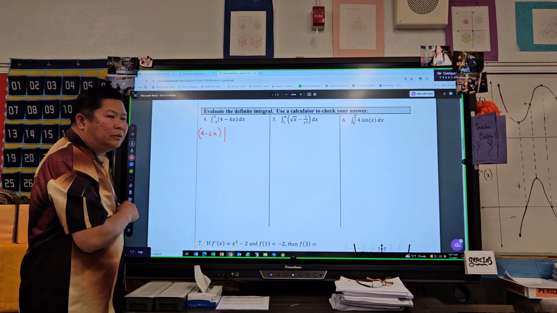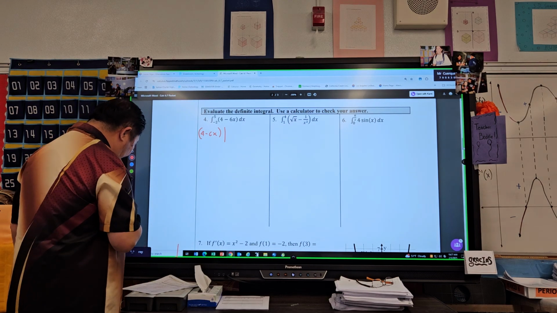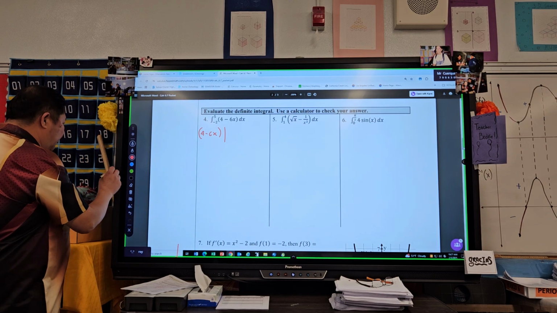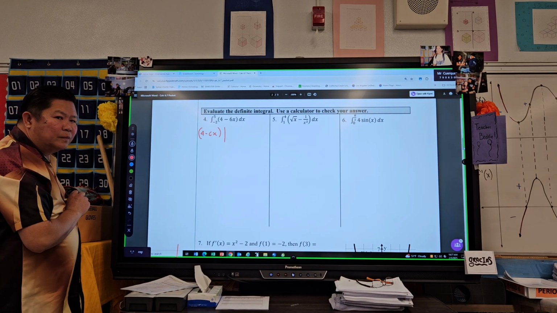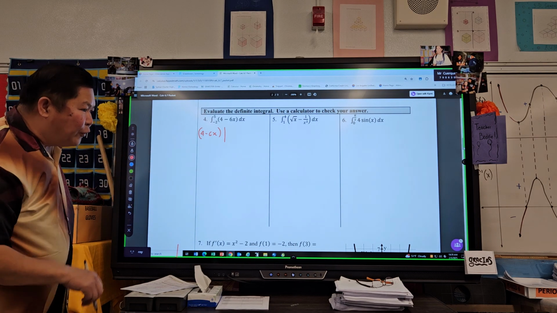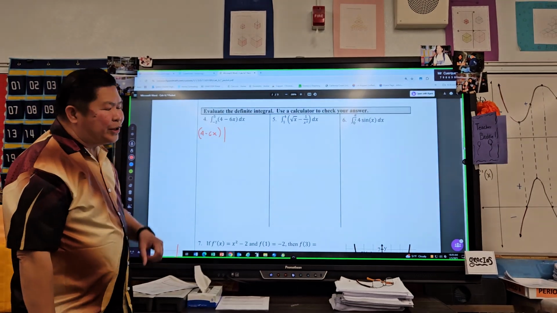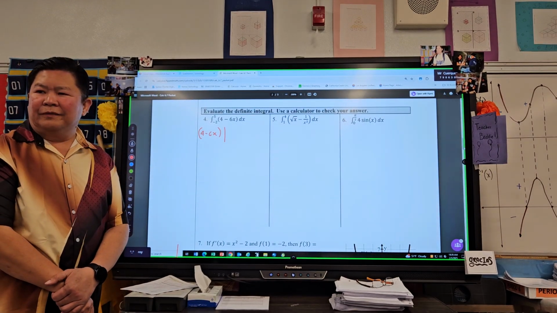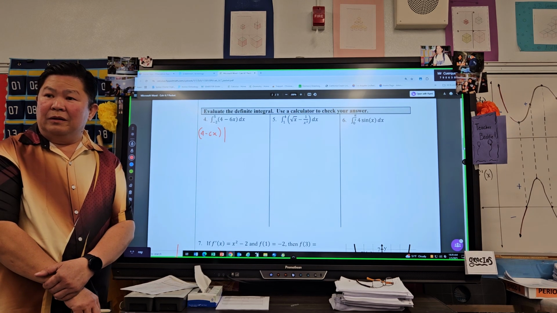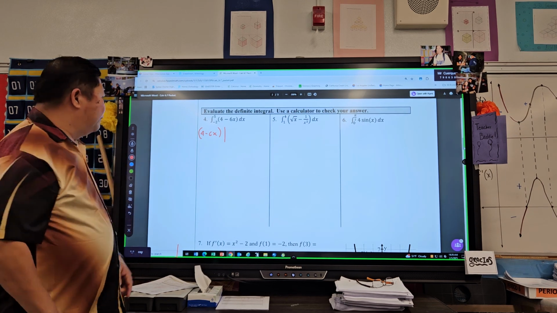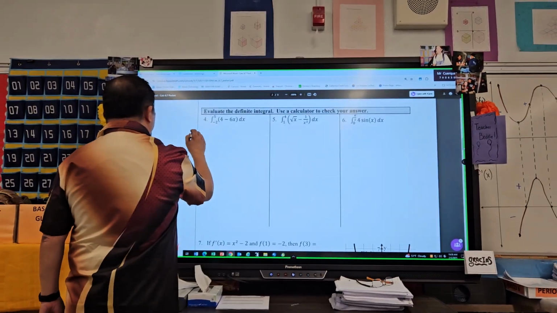So we're going to have to integrate. What happens to 4? Becomes 4x. You're right, Tyler. Very good. And what happens to negative 6x? Becomes negative 3x squared. So we have to do the antiderivative.